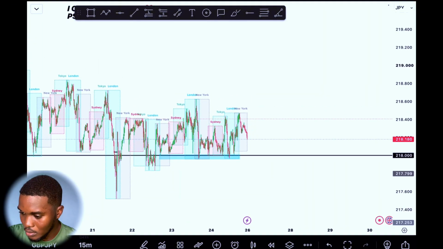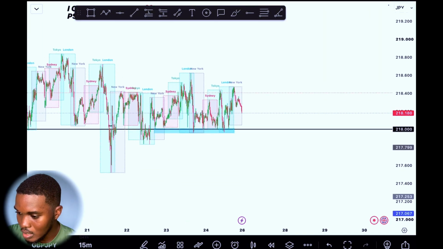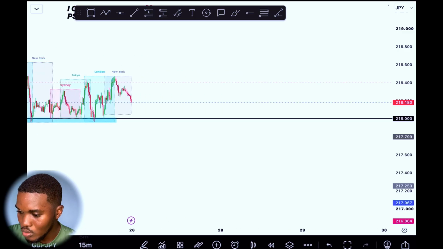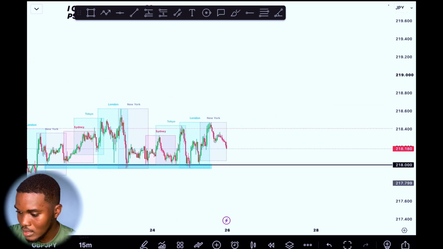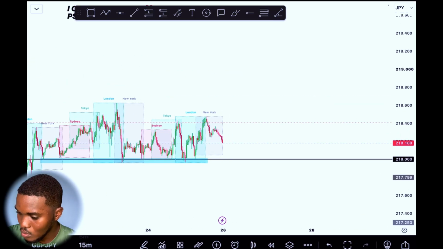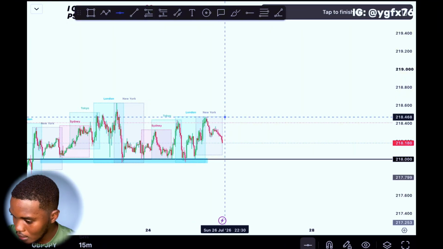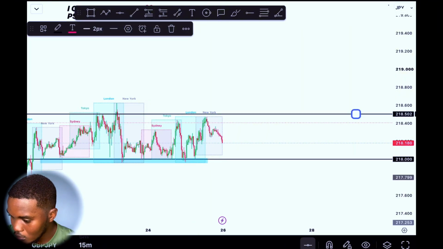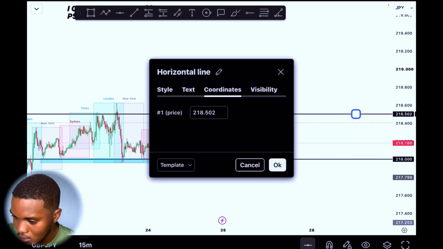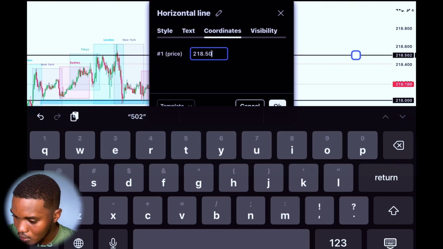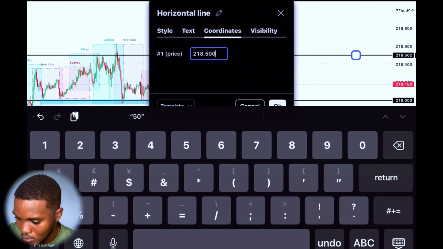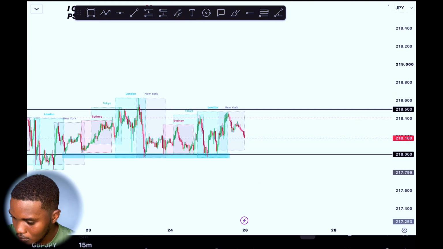So the very next one we are going to plot. With GBP JPY, usually it's 50 points apart. So we have 218.000. So horizontal line, 218.500. So that will be here.